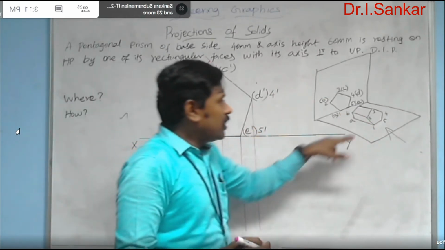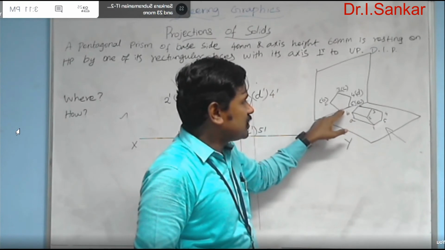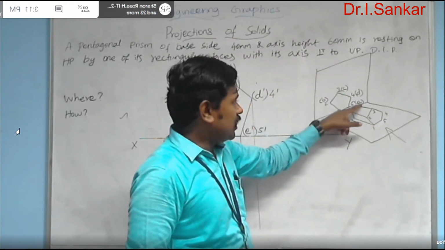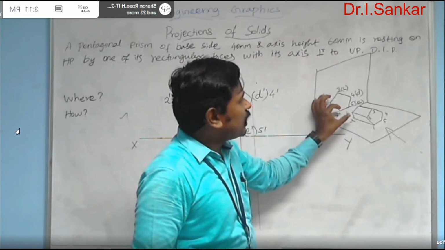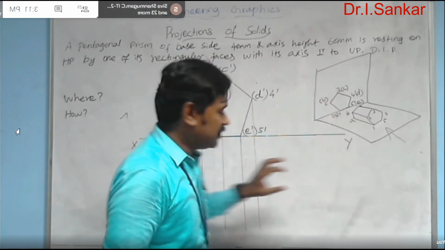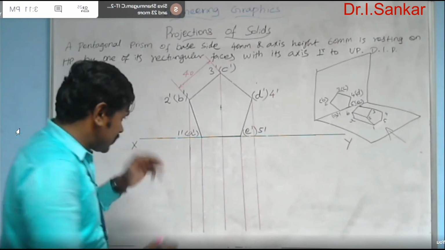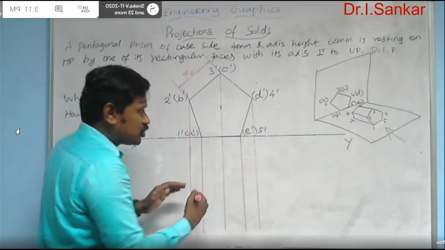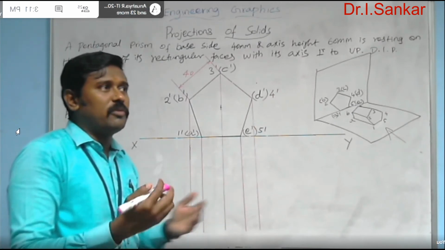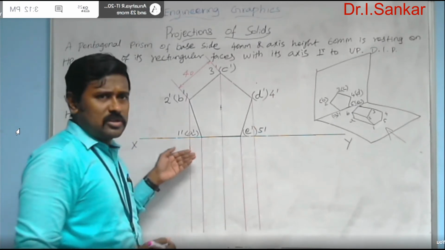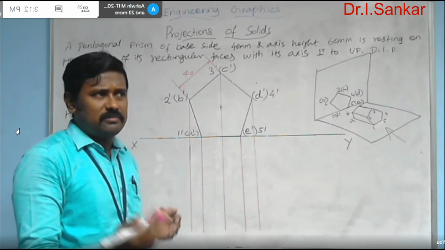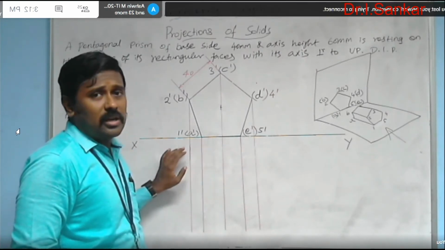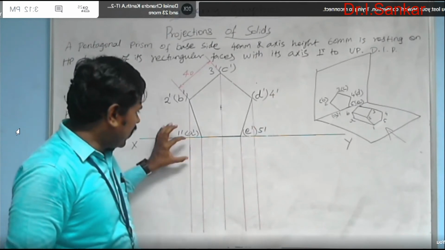Here you see the solid has some gap between the VP screen and its base, so you need to consider some gap in the top view also. There is no standard to maintain 10 mm, 15 mm or 20 mm. It's your wish. You can approximately maintain 15 or 20 mm just to provide enough space for marking the corners' names.